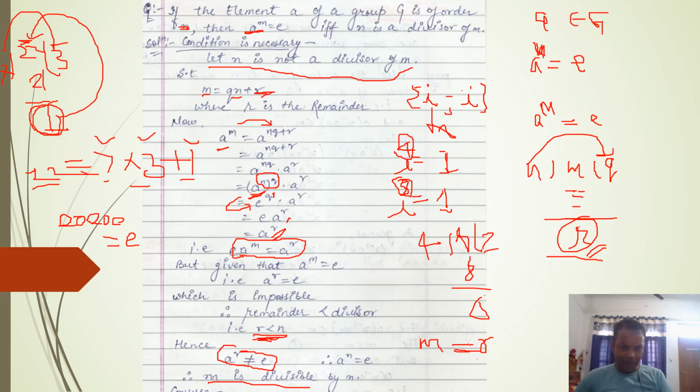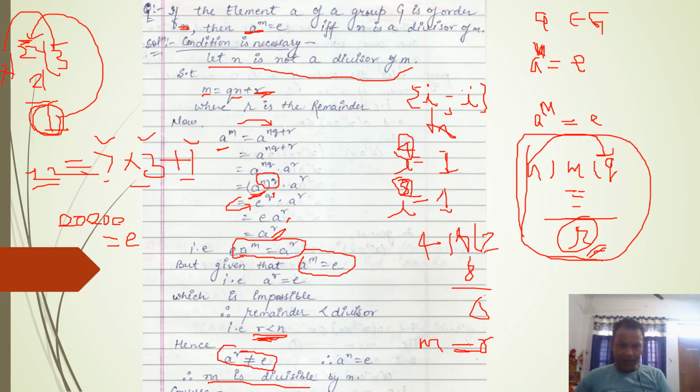In this case, if you compare this a to the power m with a to the power r, then we got m equal to r, which is not possible. If you look at this as division, then the remainder is always less than the divisor.